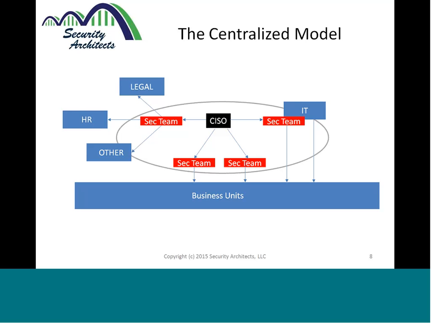But in the centralized model case, embedded or not, the teams report directly to the CISO, and they exert control not only through IT, but through diverse business units as well. And so that's sort of the idea for a centralized model.